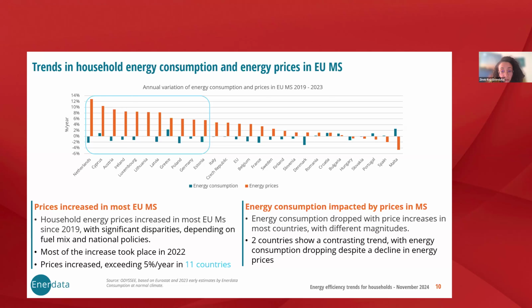So in most EU member states, we observe a decrease in energy consumption as prices increased, though we can see 2 exceptions for countries where energy consumption dropped despite a decline in energy prices.